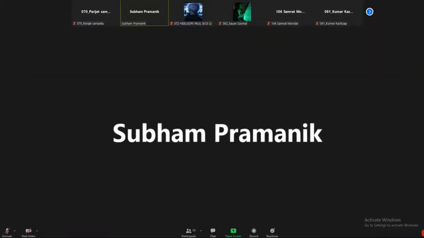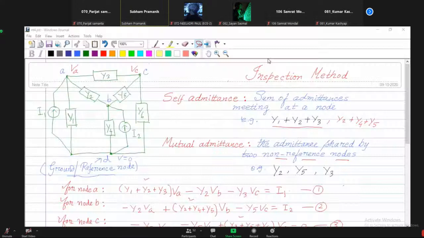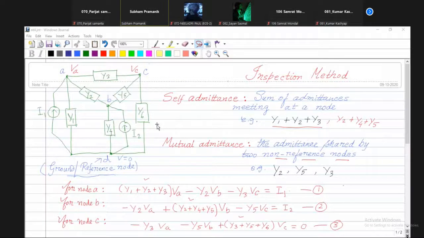So let me show you a document here. Here I have written everything. Hopefully you can observe this document. There is a reference node you can see in this network whose voltage is V equals 0.